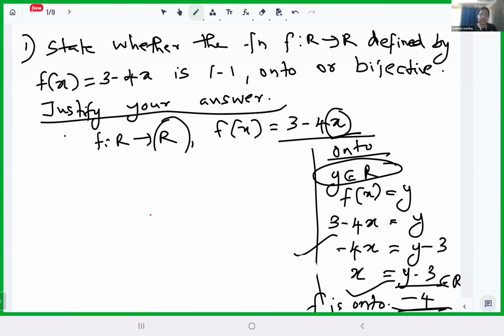So it is the reverse process of the process given in the function, right? We have already found out the value of x: we put f of x equal to y and we found that x is equal to y minus 3 by minus 4. This is the inverse. Since the inverse of the function exists, this itself is the inverse of the function.